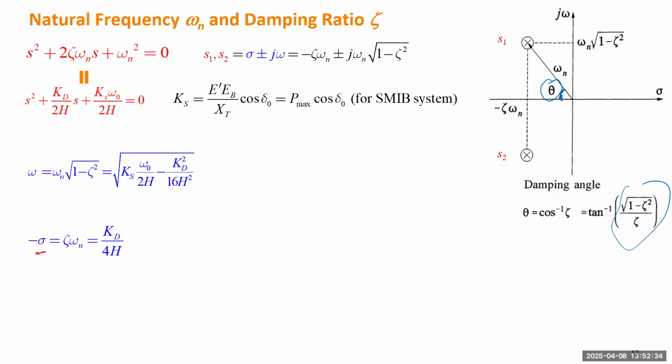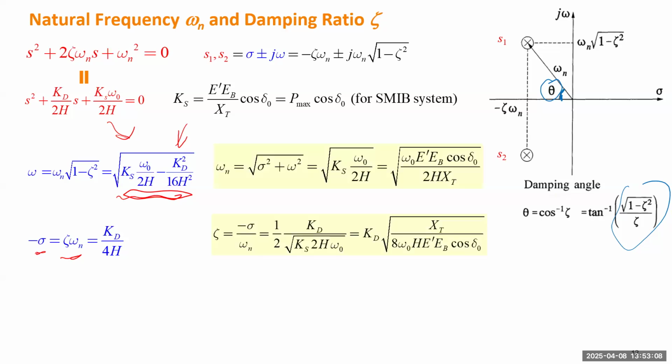So negative sigma really measures how much damping you have. We usually expect this to be positive, but not zero. This will be equal to the product of zeta and omega n. And if we utilize the formulas for KD and KS from the single machine infinite bus system, we get this very useful formula to tell you the oscillation frequency.